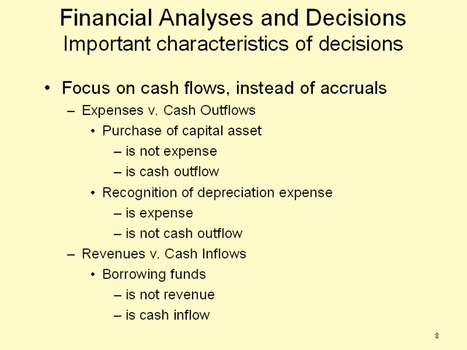In the financing part of the course, we are going to be focusing on the cash inflow associated with borrowing funds and not recognizing that as a revenue. So that's the first important characteristic of these decisions, that we focus on cash flows instead of accruals. Hence, this is very different from what's looked at in a cost accounting course where you're focusing on revenues and expenses. Here we focus on cash inflows and cash outflows.